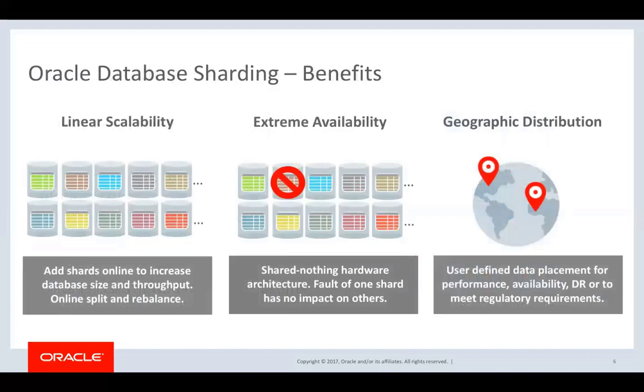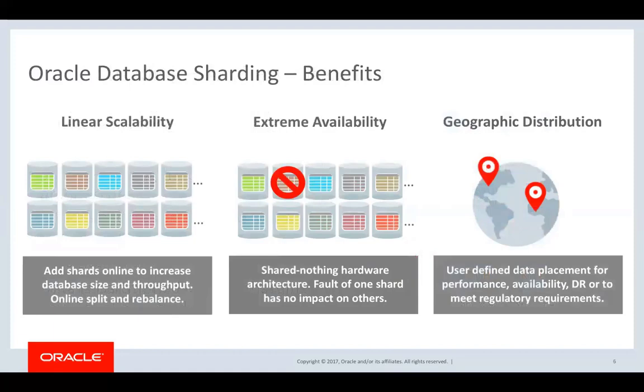The advantages, as I mentioned, linear scalability. For your workload and concurrency and transactional aspects, you can start with few nodes, and if you want to increase your metrics, then you could simply add shards to the pool and you get linear scalability. Extreme availability: if one of these shards goes down, all the other shards are available for business. Only that one shard will be undergoing a brownout, right? So that's extreme availability.